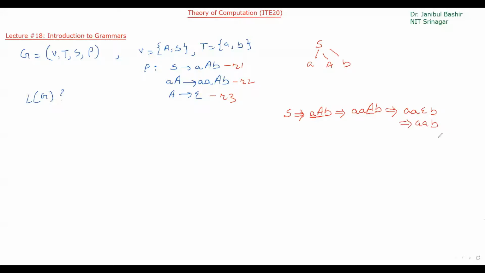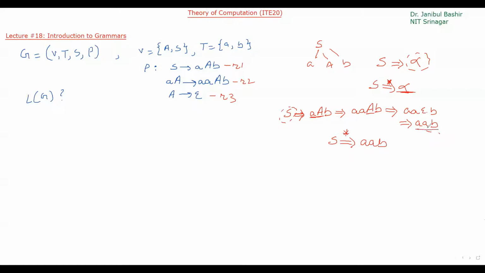So is there any other possible? No. So I can see that from S, I have derived this string. In how many steps? In more than one step. So if I am writing S derives alpha, let's suppose alpha is something, that means I am deriving alpha in one step. If I am writing S derives alpha and I am writing here star, star means I am deriving alpha from S in more than one step. So here I can directly write S derives this string aab using more than one production rules.